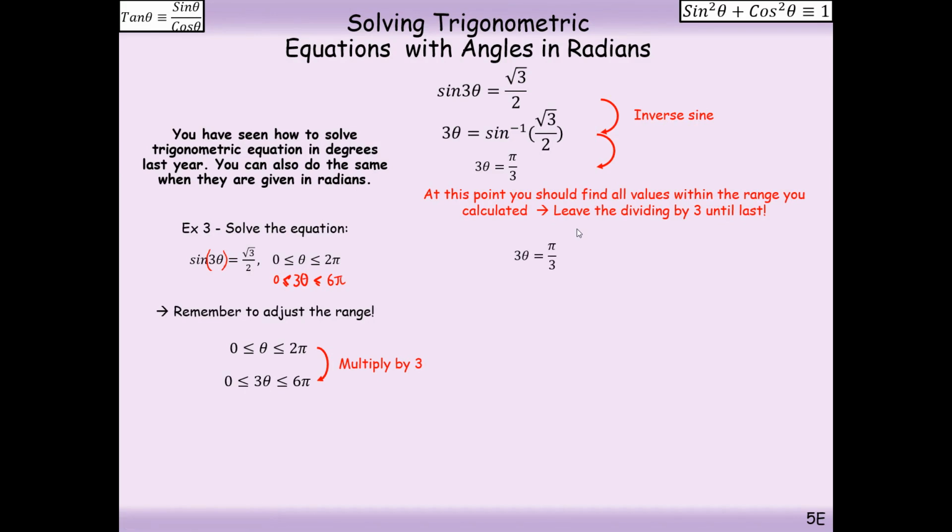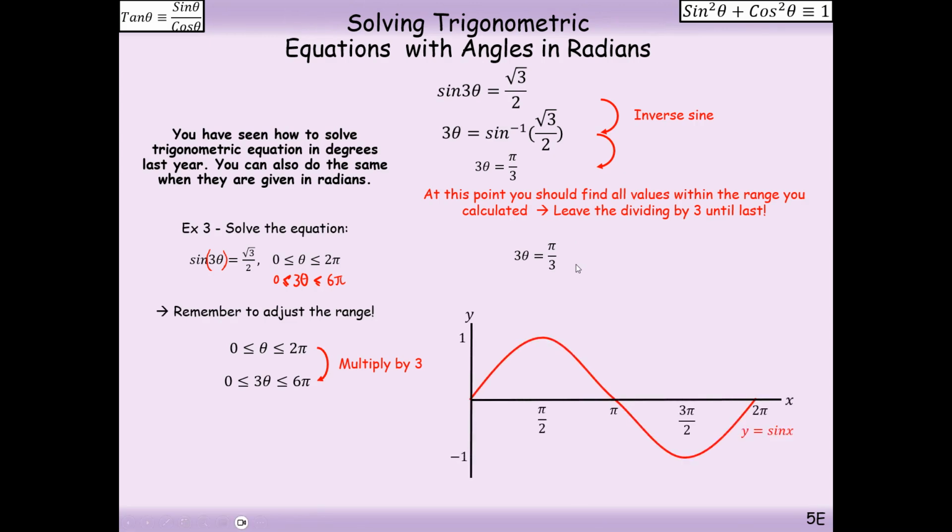We know that sine is repeated at the angle of pi minus pi over 3. So the first two principal answers are pi over 3 and 2 pi over 3, which was derived from the fact that sine of pi minus theta is the same as sine of theta.